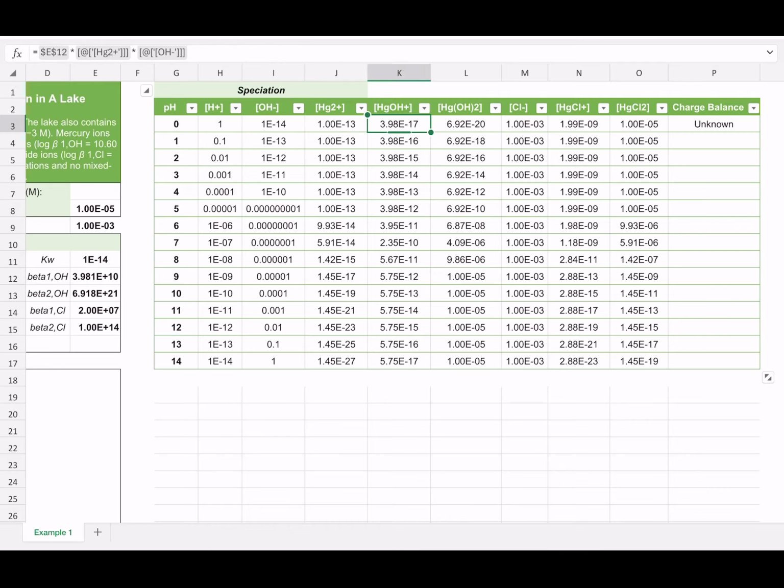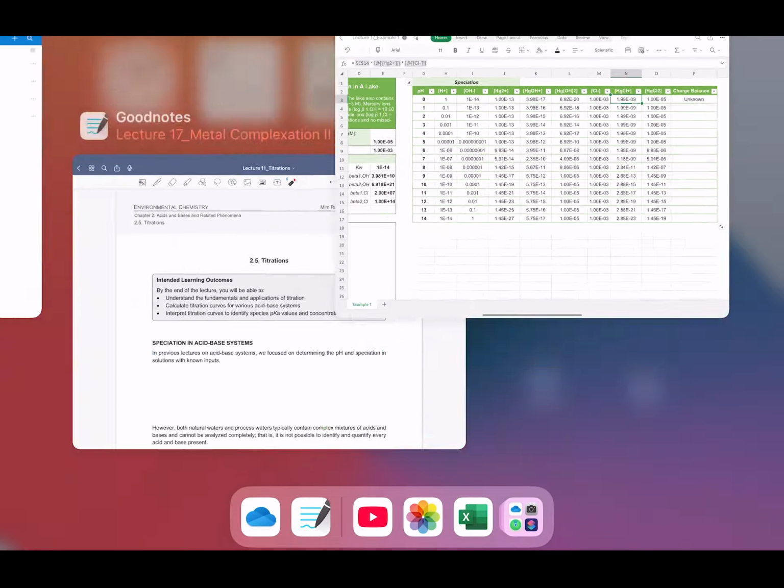Then once you have Hg2 plus, calculating these 2 uses beta 1 and 2 for OH. This is, as we mentioned, always equal to the constant, the total Cl minus, from the mass balance of Cl minus. And then these 2 you need to calculate based on the concentration of Cl and also Hg2 plus. And as I mentioned, we don't have any information about the charge balance, so we're not allowed to use the charge balance expression.